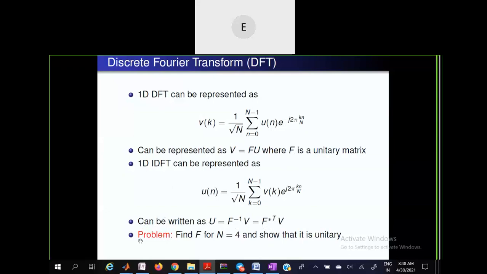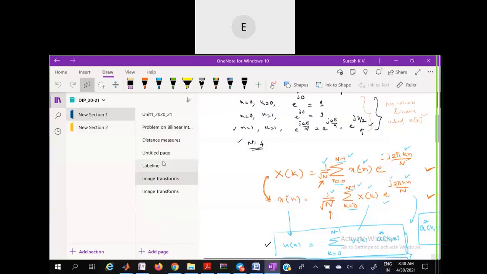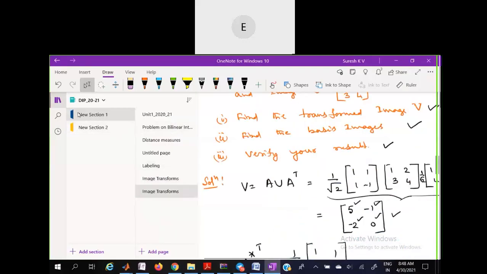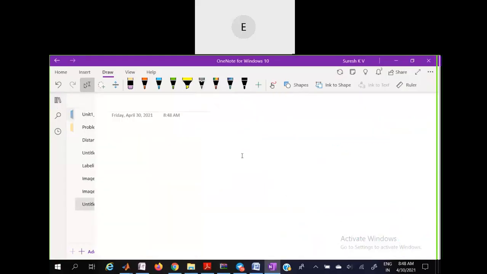Okay, now let us try to do this with an example. I hope I still have some time. So I'll just take a DFT.